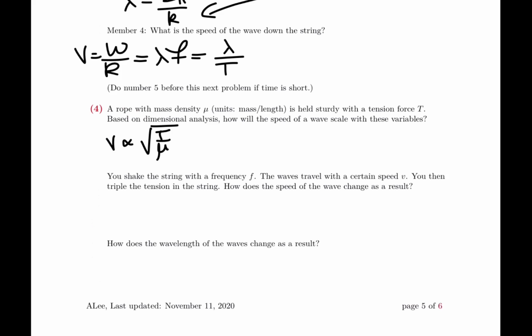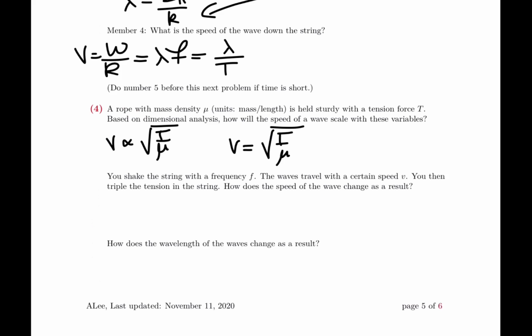There's no other way you can combine these two variables to do that. So what this says is that the velocity, no matter how complicated the math, must be proportional to the square root of T divided by mu. But it turns out, in this particular case, when you do all the crazy math, the proportionality constant just ends up being unity.